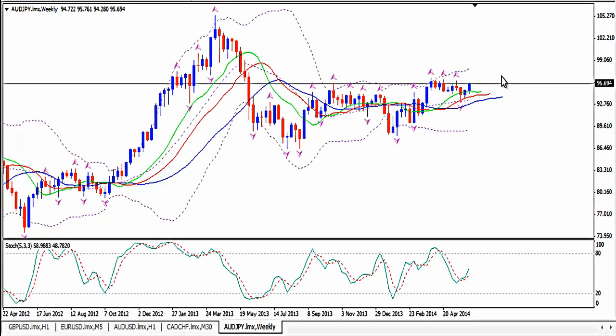Leading alligator is curved upwards, and although we don't have a down fractal at the lower Bollinger Band where the ideal position of it would be, we have it below the median Bollinger Band and below alligator's teeth, the red line, which makes it valid, and we have it followed by this bullish candlestick, which is ready to close above the green line, alligator's lips, and that gives us on the weekly time frame a strong entry signal.